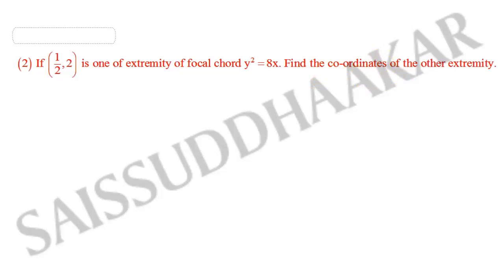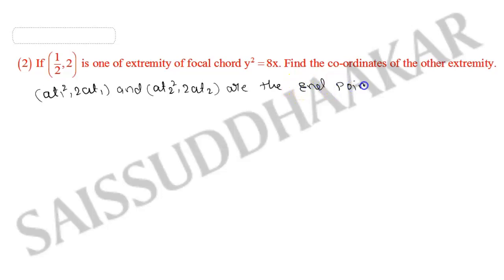So in general we can take (a t1 square, 2a t1) and (a t2 square, 2a t2) as the end points of a focal chord.